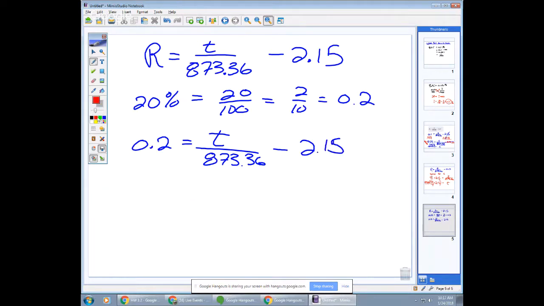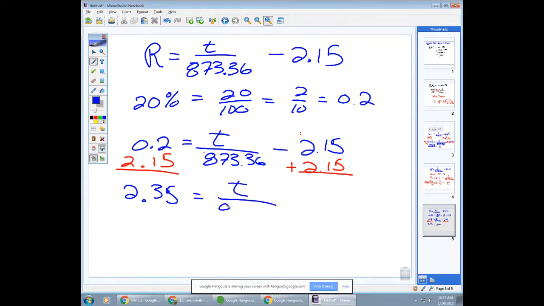And again, solving an equation is always the reverse operations in the opposite order. If I knew t, this would be first and this would be second. Since I don't know t, this has to be gotten rid of first. So I would add that 2.15. And that's going to give me 2.35 equals t over 873.36.